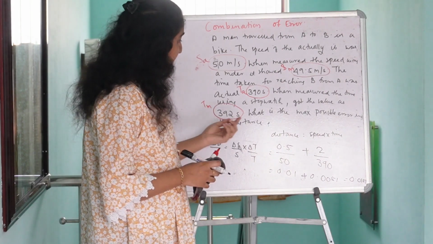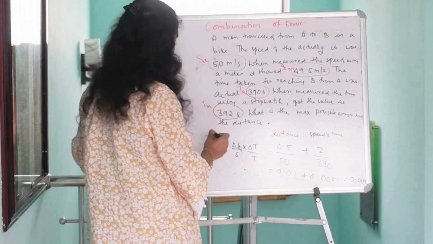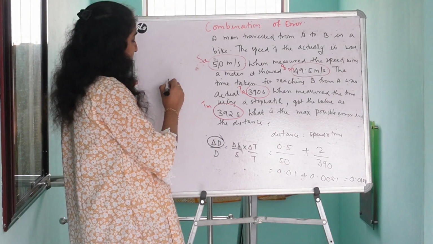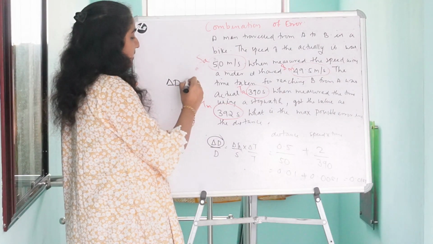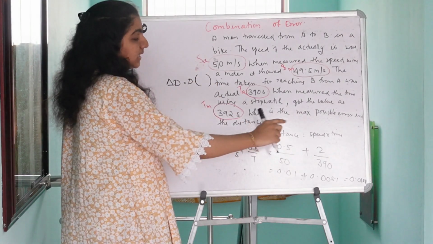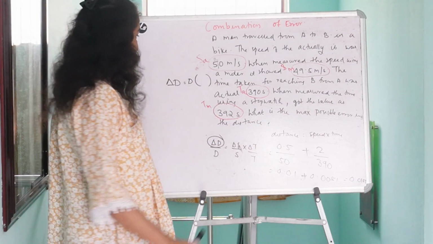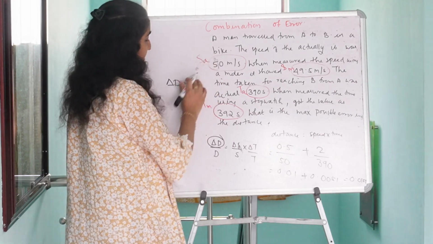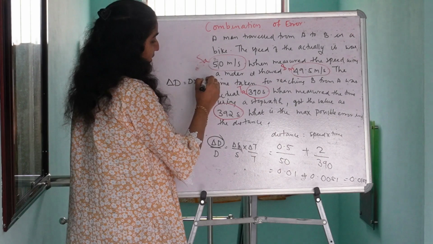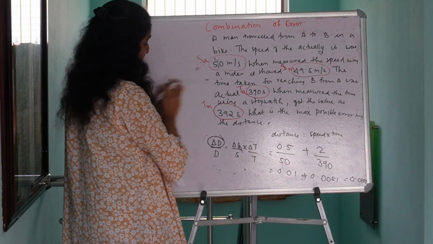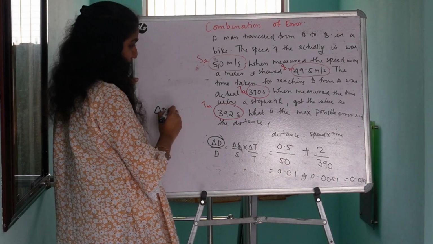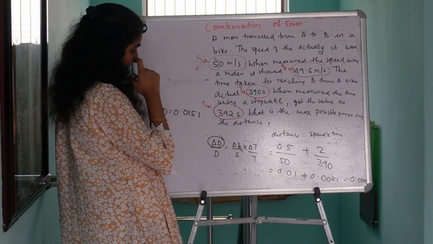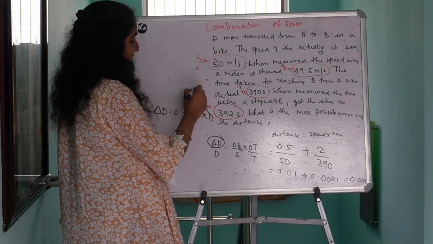Here we have to find not the relative error but the value of del D. How do we calculate del D? Del D is equal to D into the sum of the relative errors in the individual measurements. So del D is equal to 0.0151 into D. What is the value of D?